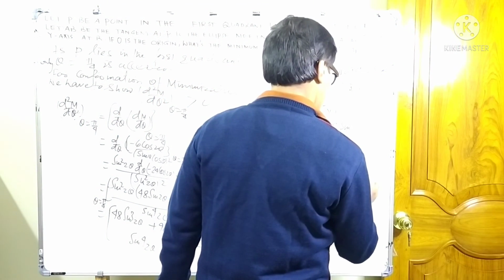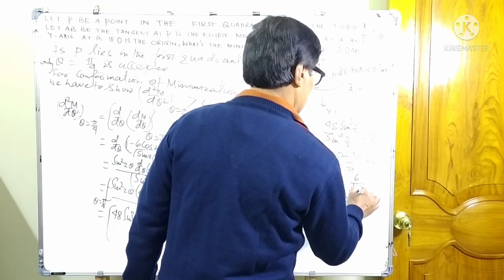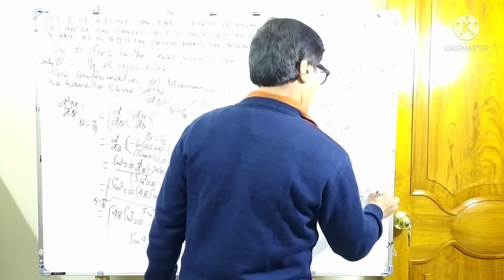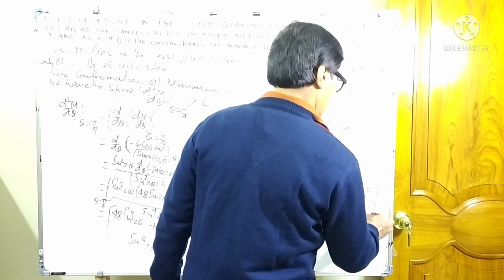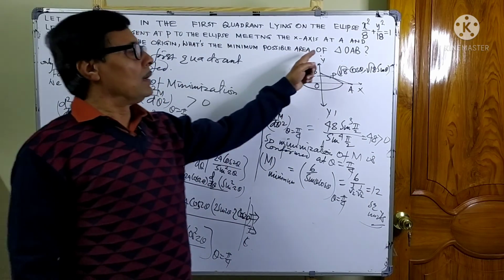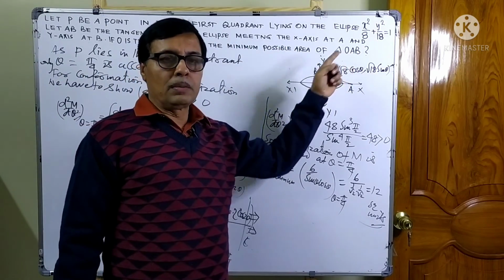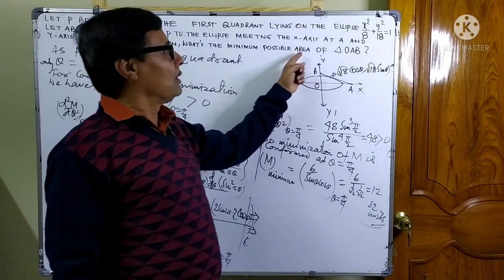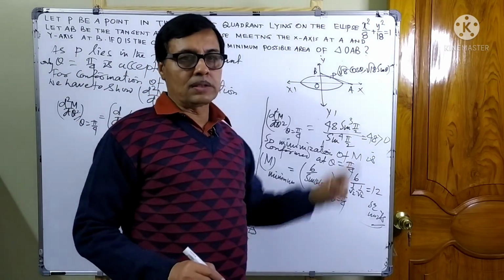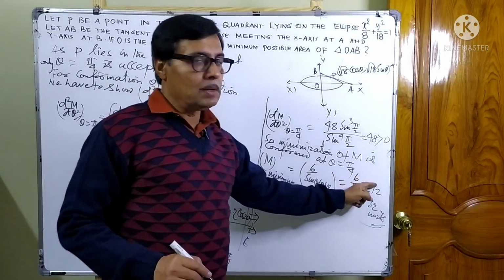This value is 6 over, sin pi by 4 is 1 over root 2, cos pi by 4 is 1 over root 2. This is equal to 12 square units. This is the minimum possible area of the triangle OAB, which is formed by the tangent to the ellipse and the two axes of this ellipse, and this minimum value is got as 12 square units.